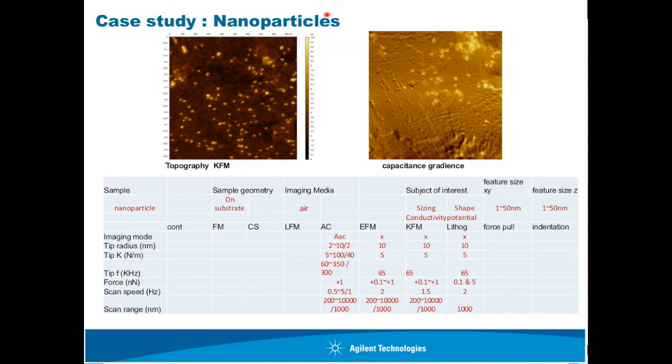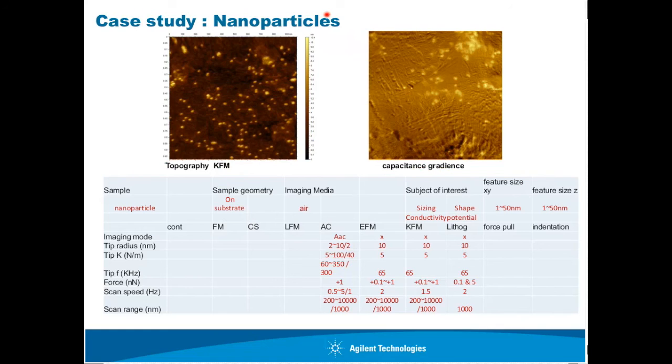The principle is that when you have a conductive material on the sample, even if it's surrounded by insulators, when you apply a voltage to your tip, the voltage can actually induce a dipole moment on the conductive particle. So the tip and this induced dipole moment will have an attractive force.